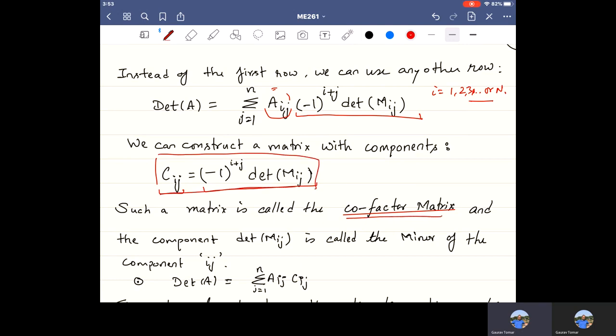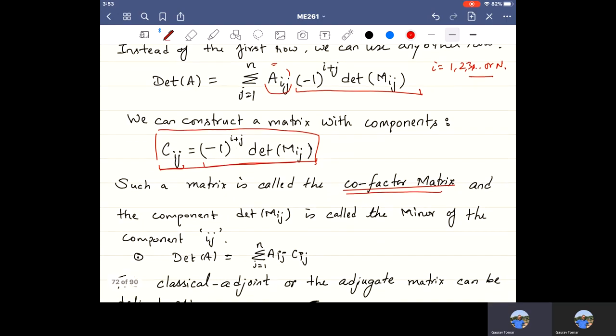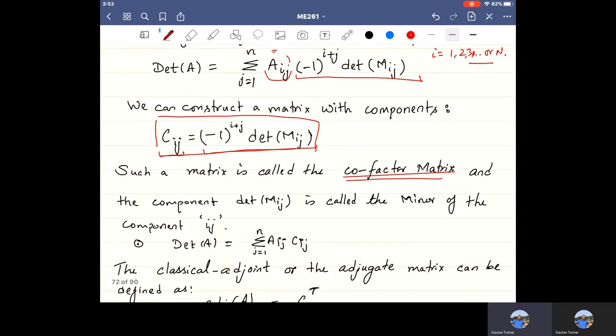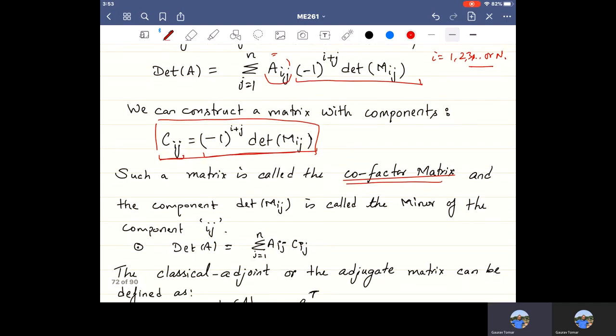Okay. Now, suppose you are looking at the determinant. You just take one row, and what you do is multiply aij with the determinant of this particular thing. That means you're multiplying aij with cij, and the summation is going to give you the determinant of A, correct?